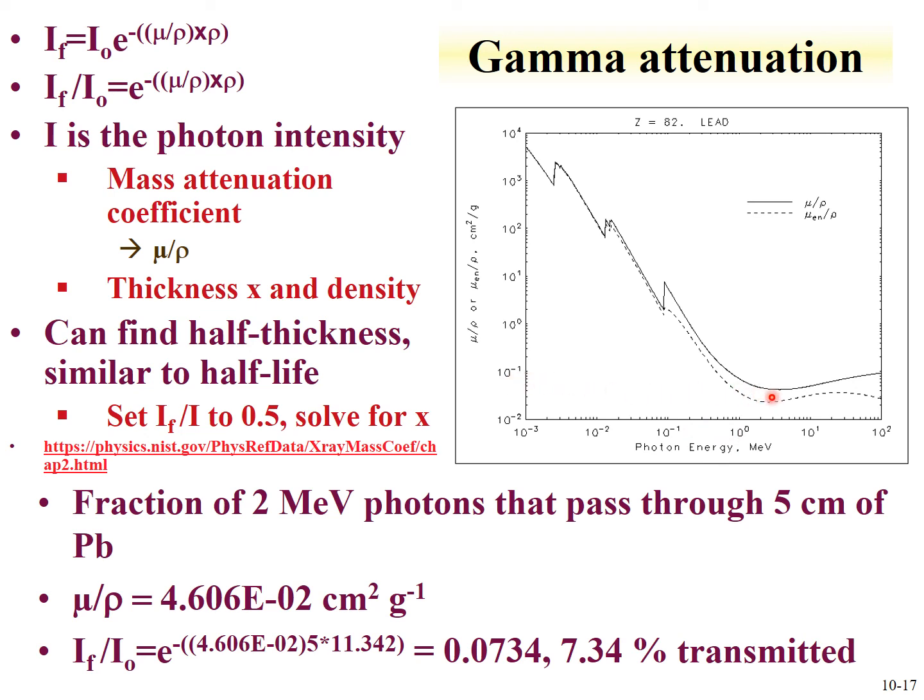The value is shown here. One plugs this into the equation where the amount that passes through, the intensity final by the intensity initial, is equal to e to the minus the mass attenuation coefficient times 5 centimeters of lead times the density of lead, and it equals about 7.3% of the photons pass through that lead.